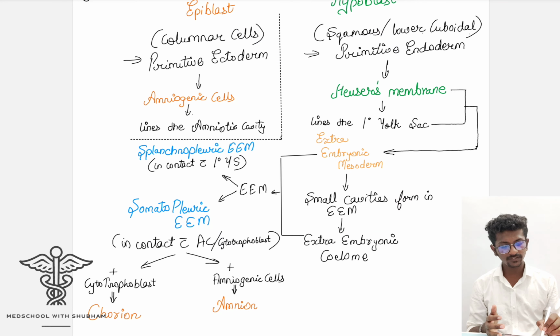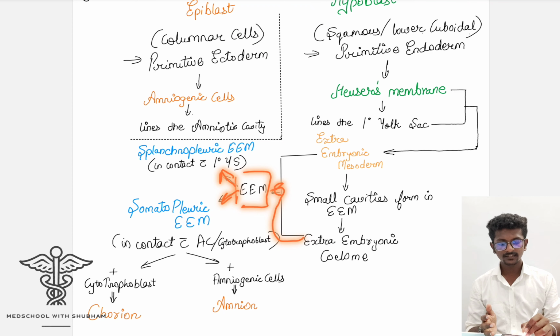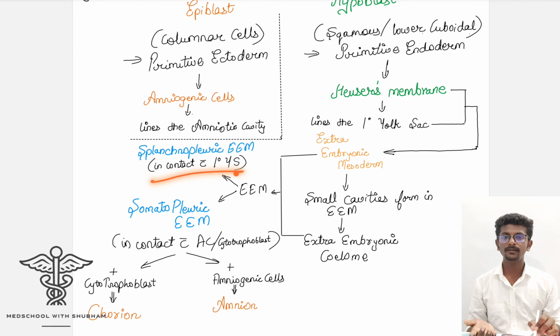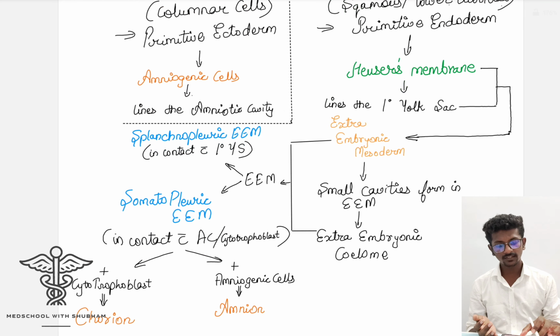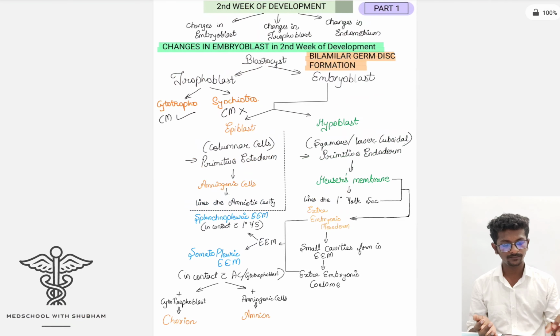Because of the formation of the extraembryonic coelome, the extraembryonic mesoderm now gets divided into two types, the splanchnopleuric extraembryonic mesoderm and the somatopleuric extraembryonic mesoderm. The one which is in contact with the primary yolk sac is called the splanchnopleuric extraembryonic mesoderm, and the one which is in contact with the amniotic cavity and the cytotrophoblast is called the somatopleuric extraembryonic mesoderm.